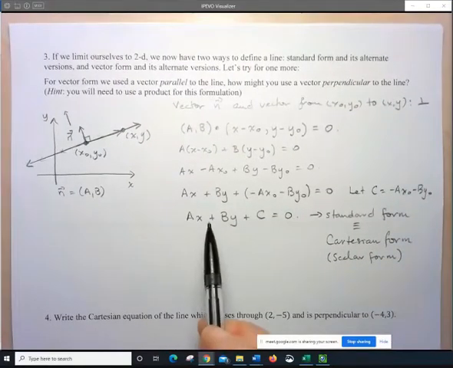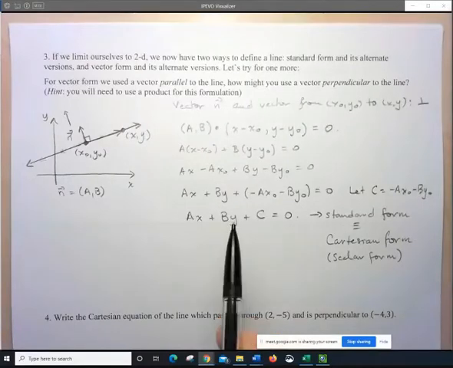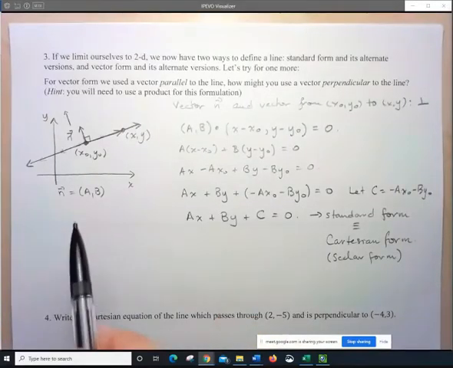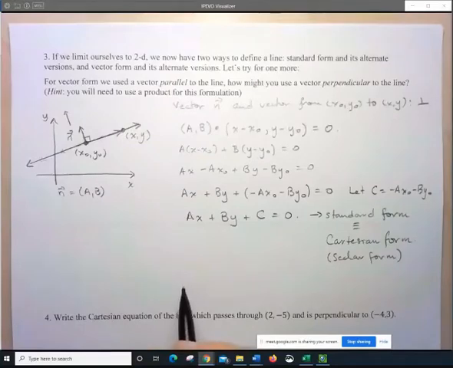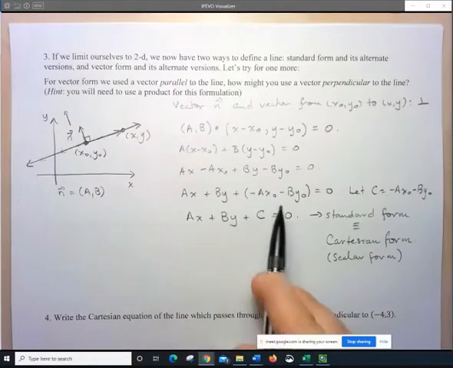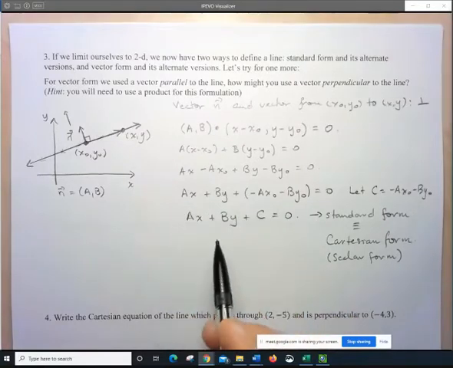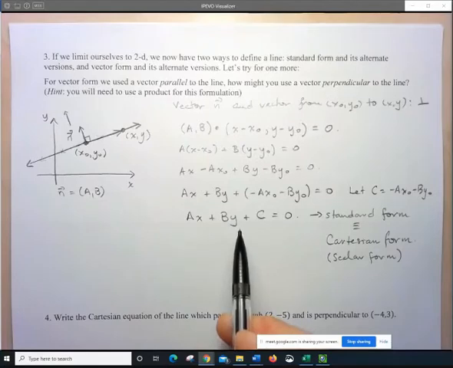Except now this equation has a physical meaning that we did not ascribe to it back in grade 9 and 10, okay? What is special here? What is the physicality that now exists in this equation?